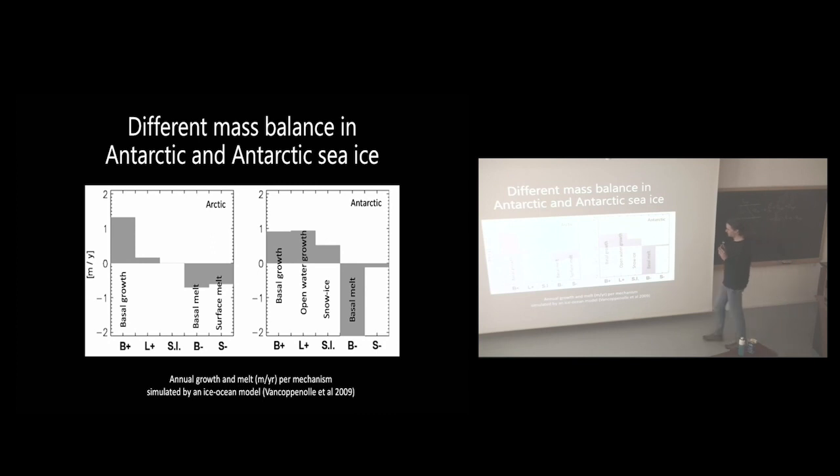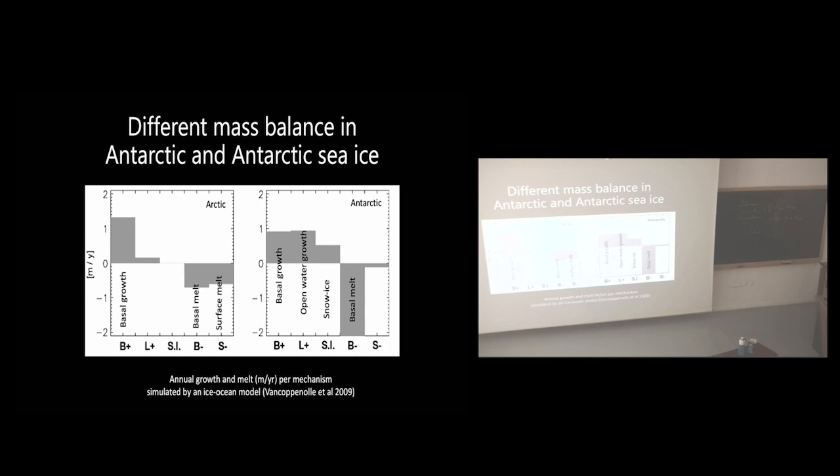It's an illustration with histograms of the sea ice mass balance on an annual basis. So you count how many meters of ice form for each of the mechanisms that we know contribute to the sea ice mass balance. On the left, you have the Arctic, and you see what I was saying.